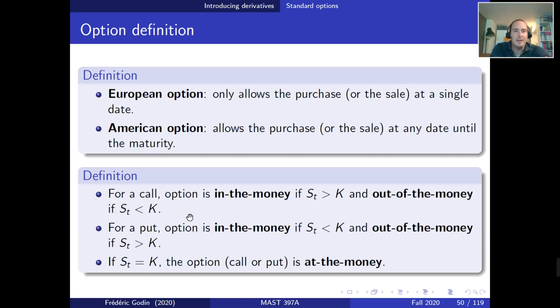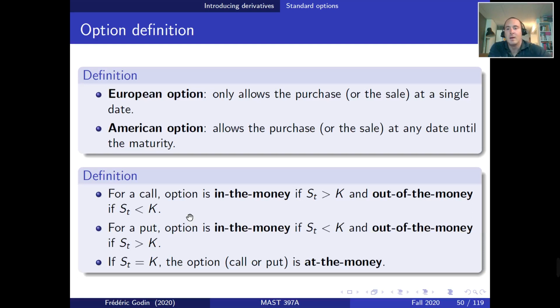So typically, if you hold a call option, if you're the option buyer of a call option, you can buy the underlying asset at the price K. So because of that, you certainly hope that the underlying asset price at the maturity date will be bigger than K. Because if it is, then you can buy the underlying asset at K, which is more favorable than if you did that on the market, because the underlying asset price is more expensive than K.